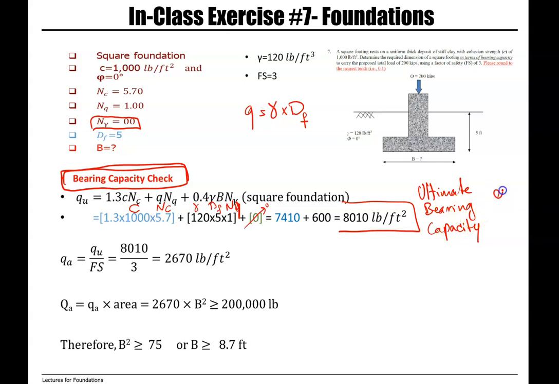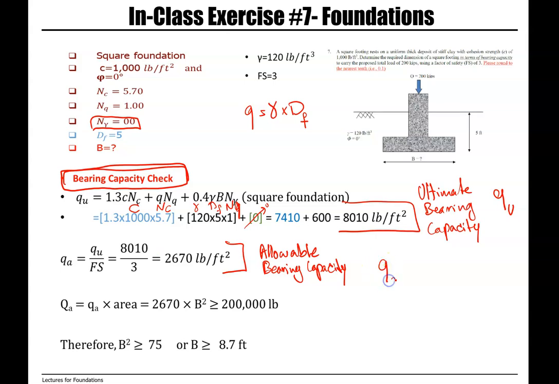We need to calculate allowable bearing capacity. And allowable bearing capacity is ultimate bearing capacity divided by factor of safety. So this is our allowable bearing capacity. This means that this footing can carry a stress up to 2,670 pounds.